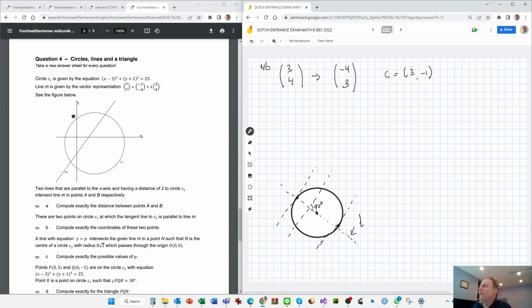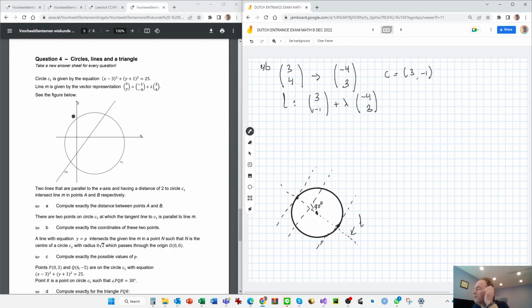So our line L is 3, minus 1 plus lambda times minus 4, 3.